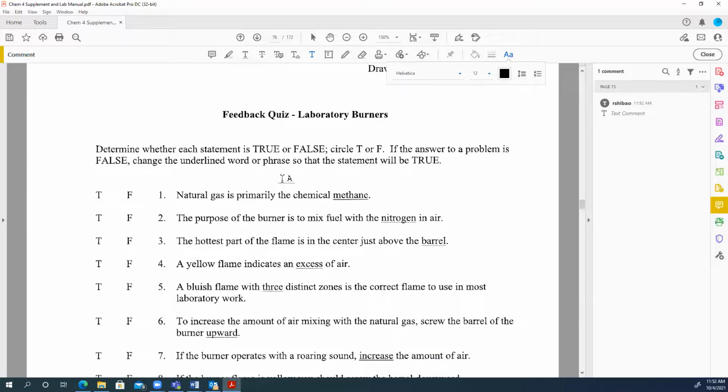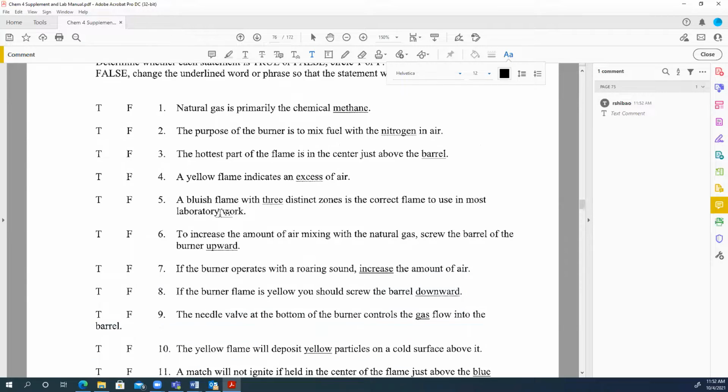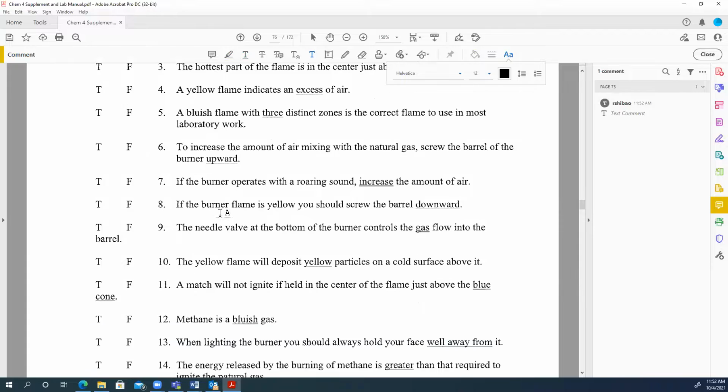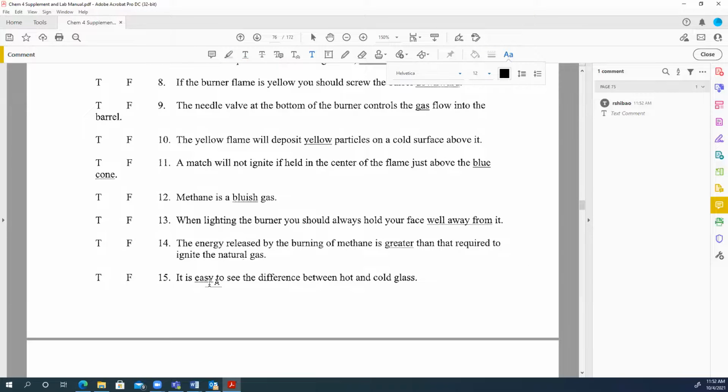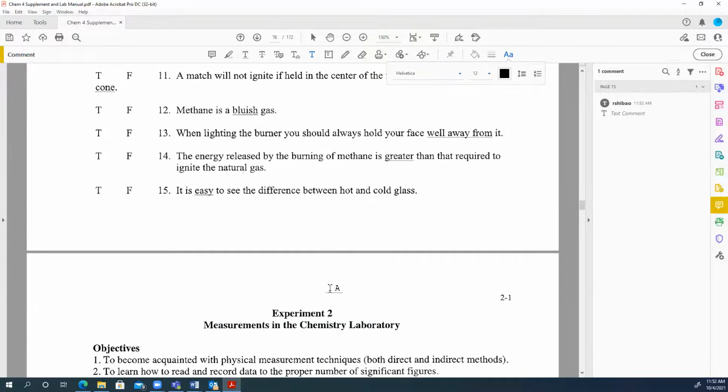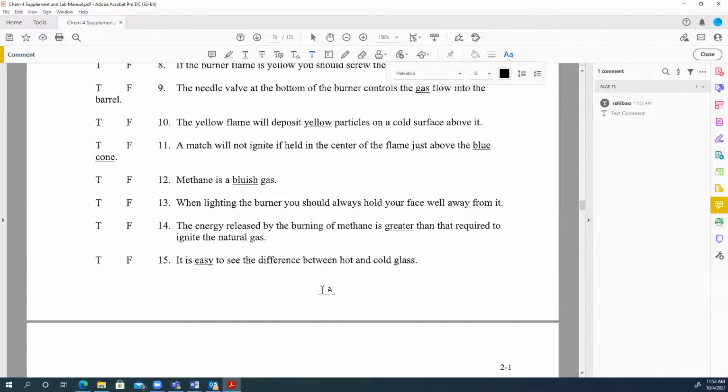All right, so then try this quiz. All of these you should be able to do. Even though this is for glass, it shouldn't be too hard to answer that one.